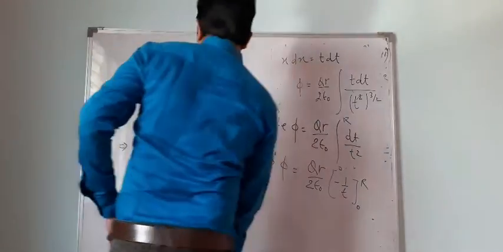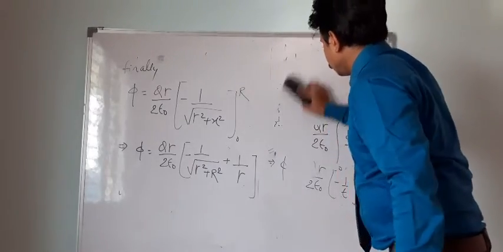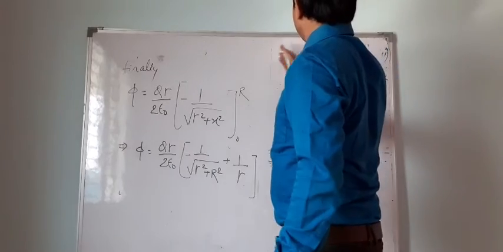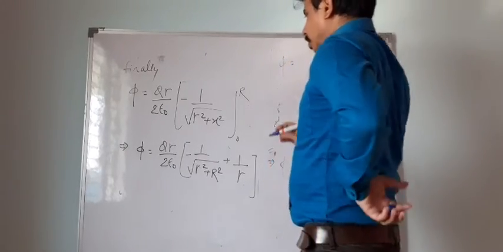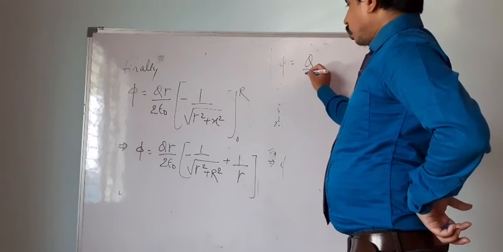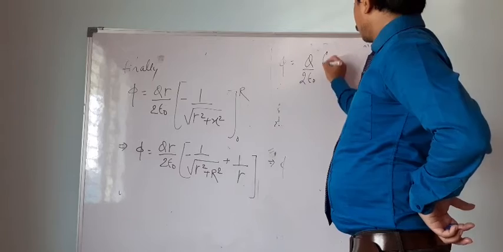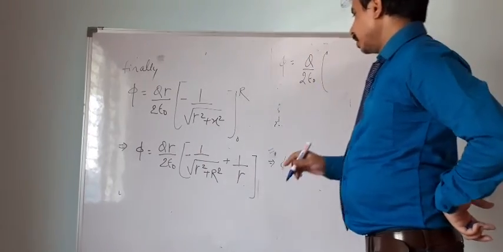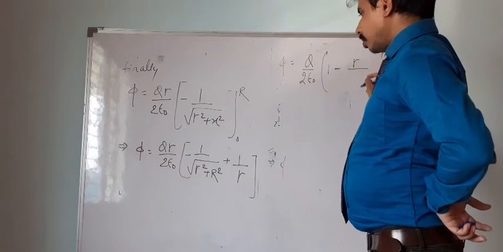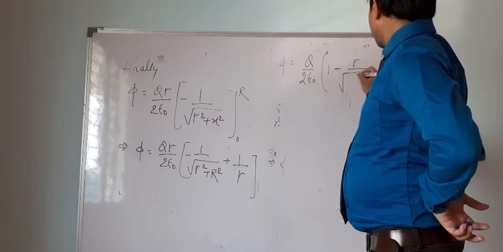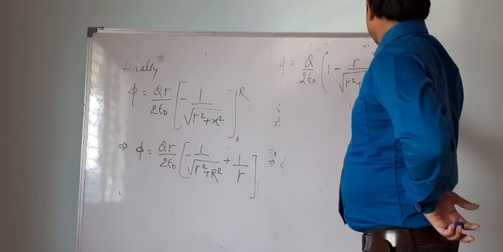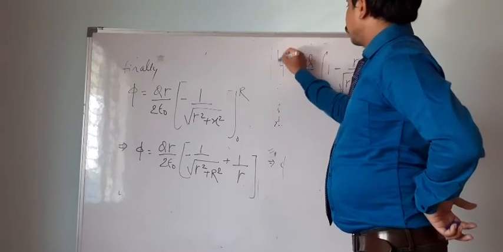So finally phi is equal to, multiplying, q by 2 epsilon naught taking outside, r taking inside, so it is 1 minus r upon root under r square plus r square. So this is the flux.